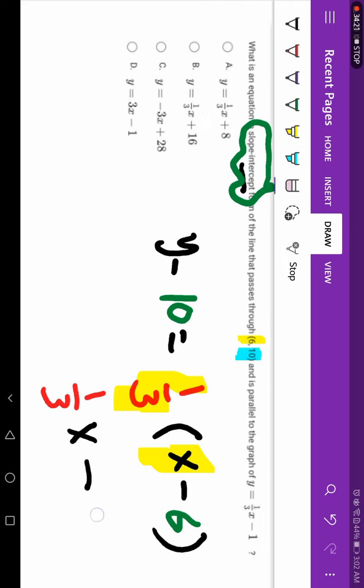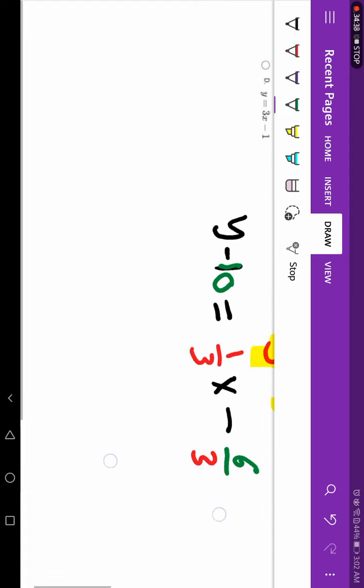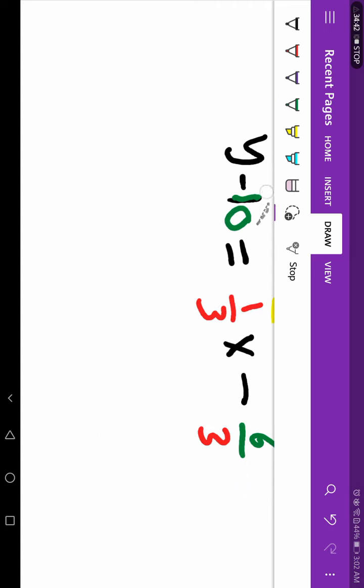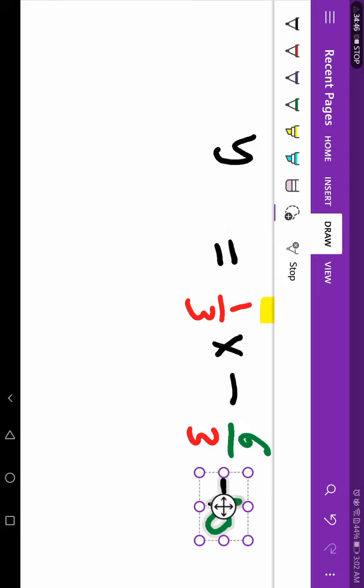Let me change it to clarify for my student. Over 3. Okay, this equals y minus 10. Yes? Are you happy now? I hope so. Now, what do I have to do? Yes, I have to make the y alone. So move it here. It will be plus 10.